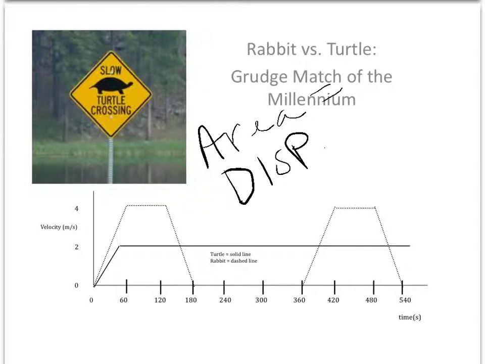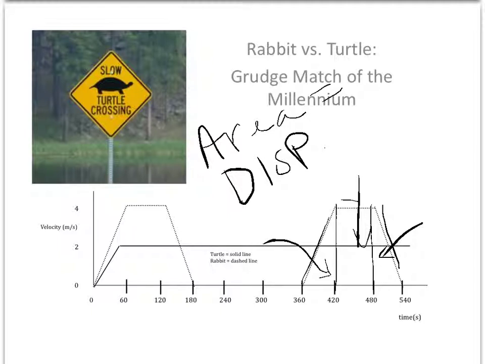So just to pick a section, what we're going to do is look at this section out here where it looks like the rabbit sped up, traveled a steady speed, and then slowed down again. So the way you handle area would be like the way you would handle area in geometry class. This looks like a triangle, this looks like a rectangle, and this looks like a triangle. It's the same as the first triangle.